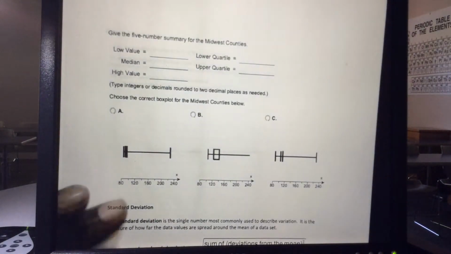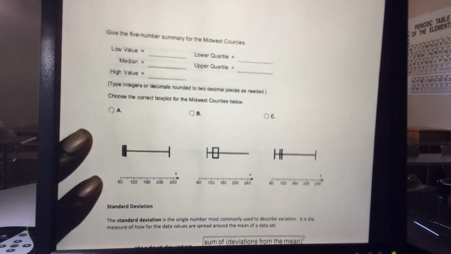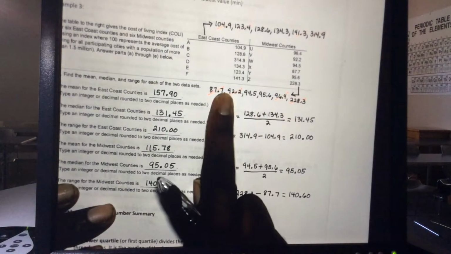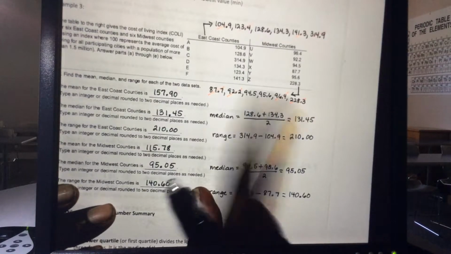Okay, let's talk about the Midwest counties here. We're going to find the 5-number summary for the Midwest counties and choose the correct box plot for the Midwest counties below. Okay, I'm going to go back to that sheet that I had for the Midwest counties. That's the sorted data for the Midwest counties here. 3 of them we already know.